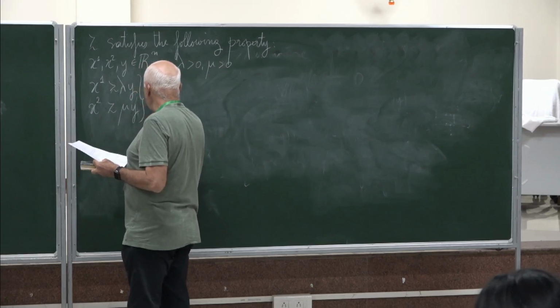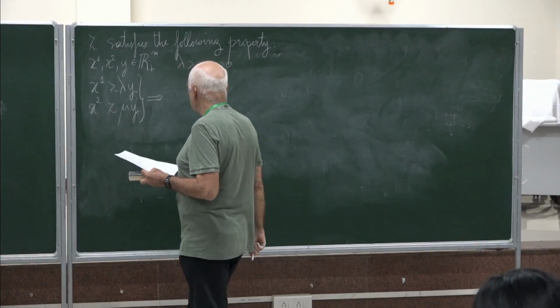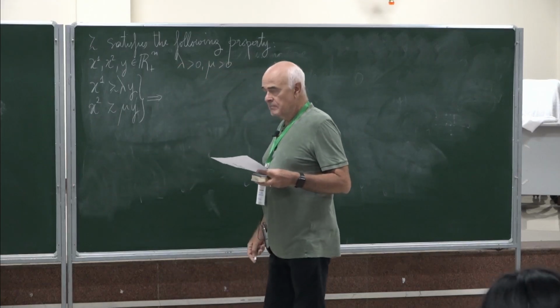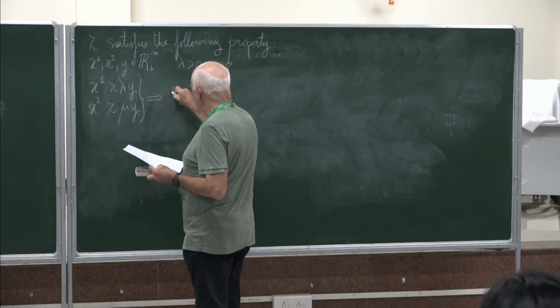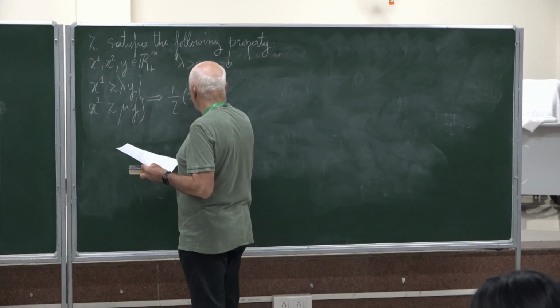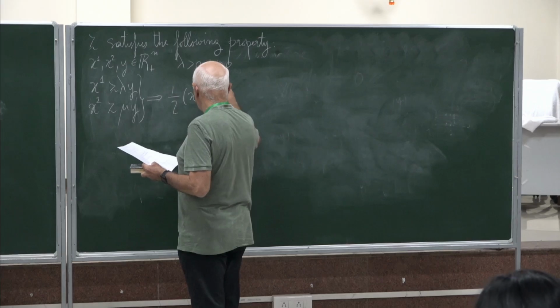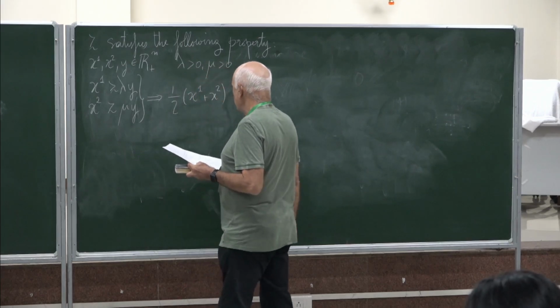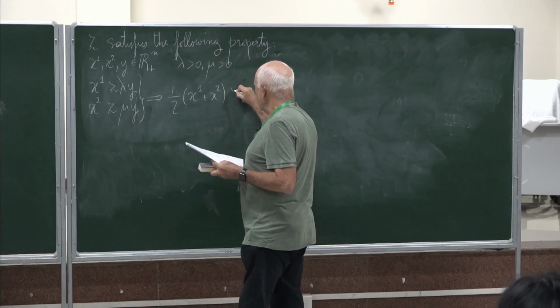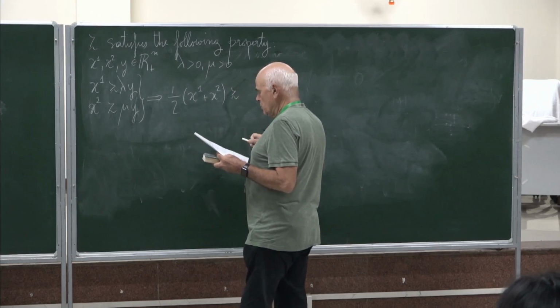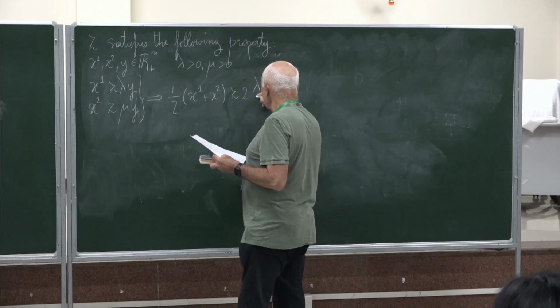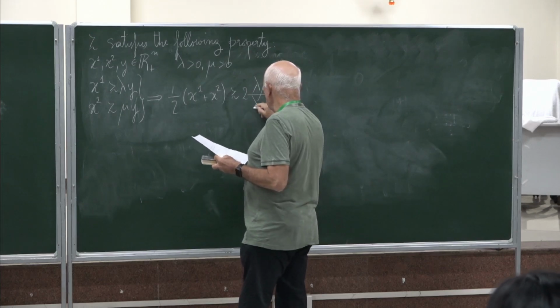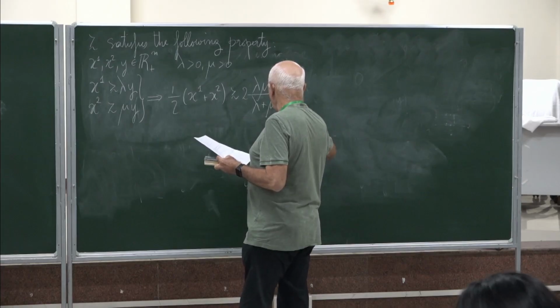So the property is that in this situation, 1/2 x1 plus x2 is preferred to twice lambda mu over lambda plus mu y.